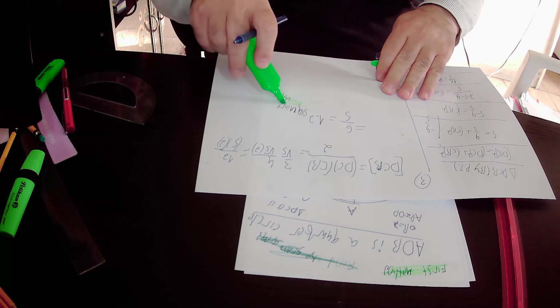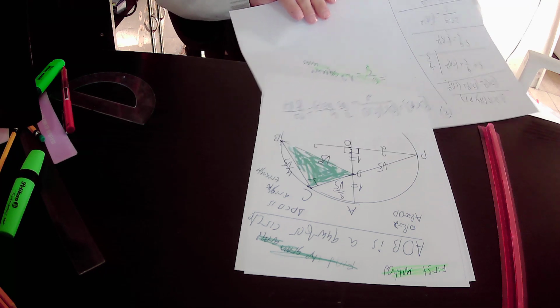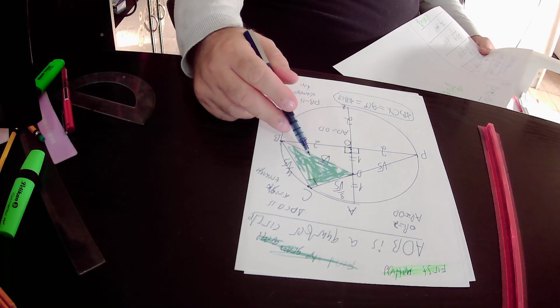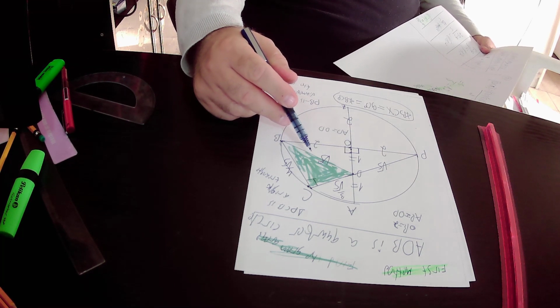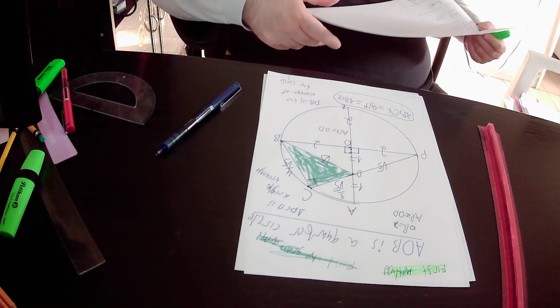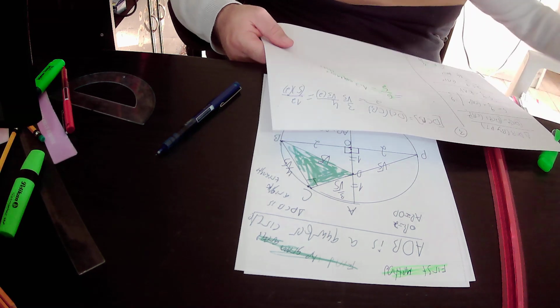I repeat again, according to the first method, we found out that the area of this blue right triangle DCB equals 6 over 5 square units, or 1.2 square units. We finished with the first method. In the next step, I will present to you the second method.